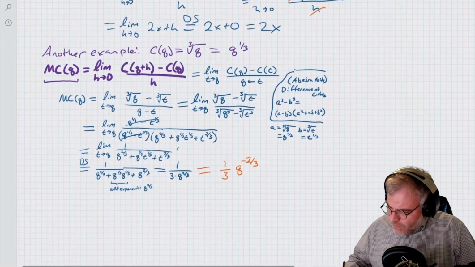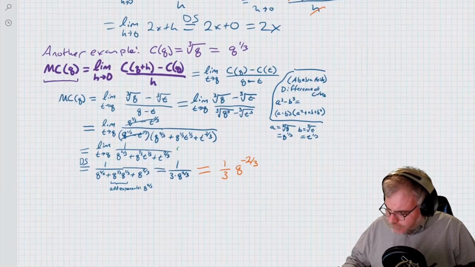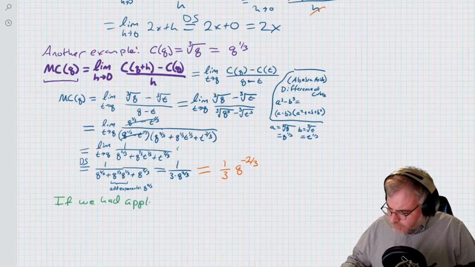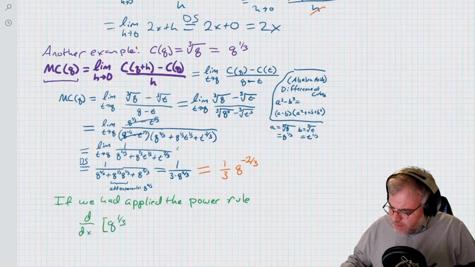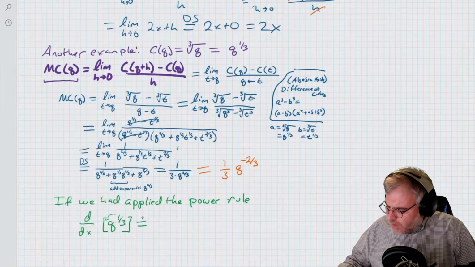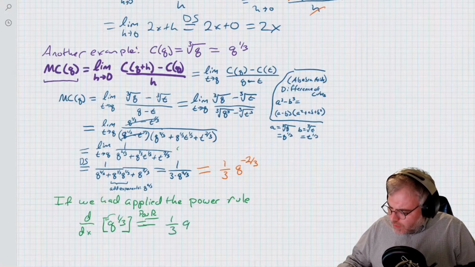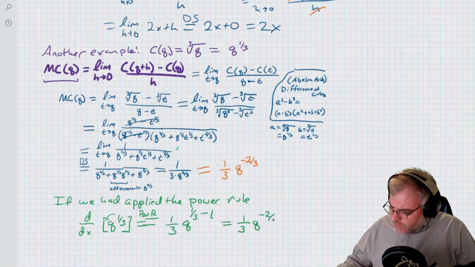So if we had applied the power rule to d over dx of q to the 1 over 3, we would have taken the 1/3 and pulled it down and then subtracted 1 from the exponent. So we would do 1/3 q to the 1/3 minus 1, which equals 1/3 q to the negative 2 over 3.